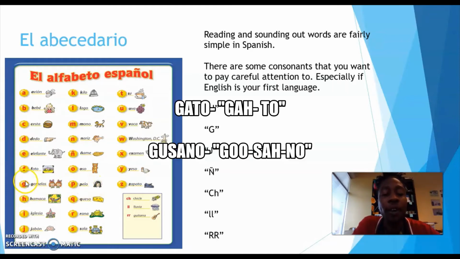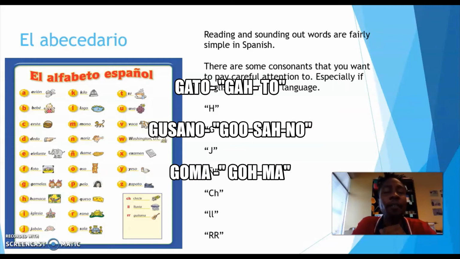But when we hear our letter G next to things like O, A, or U, we're going to get a strong g sound like we get in English. So when we have G-A, you may get a word like gato. When you have G-U, you may have a word like gusano. When we have a word spelled with G-O, you may get a word like goma.